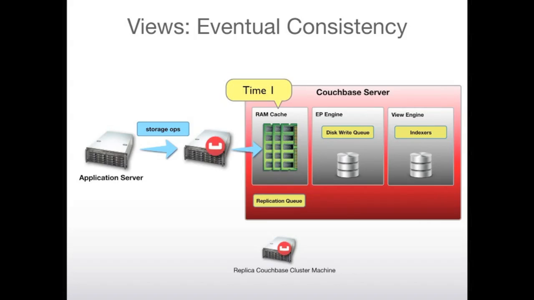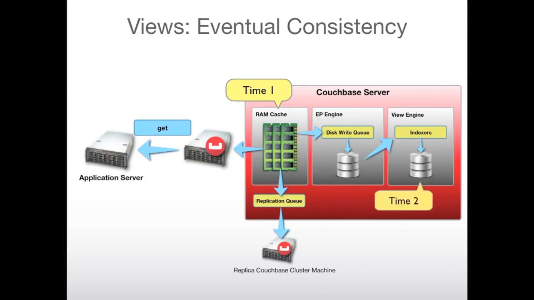So here we're doing storage ops, and they get into the RAM cache, and let's just call that time 1. You can immediately read that. So we do have that consistency, so you can read your own writes. But at the same time that you're doing those reads, it went to the disk write queue, it made it to disk, it got to the indexer, and then got indexed, and that would be time 2.